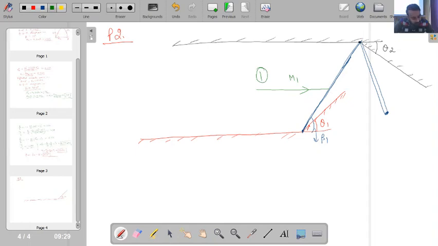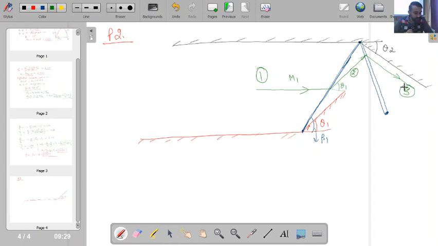Then this will deflect at an angle of theta 1. It will go something like this. All properties in this region are designated with point 2, and then from this second shock wave, it will deflect parallel to this other solid boundary. So it will go like this, and this is my station number 3.